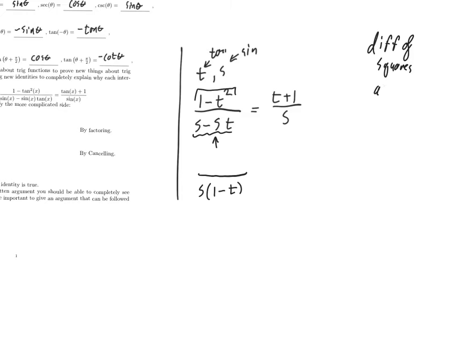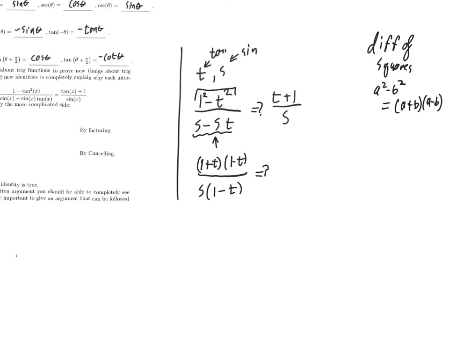The difference of squares formula says that a squared minus b squared isn't a minus b squared, it is a plus b times a minus b. And 1 is a square, like 1 is 1 squared. So I can use that formula to rewrite the top as 1 plus t times 1 minus t.